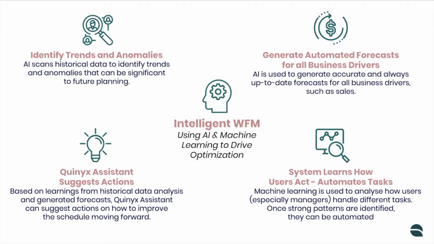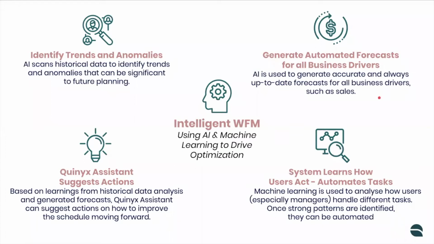That all comes from the surrounding items: identifying trends and anomalies, generating automated forecasts for the business drivers, decisions to be made on those business drivers, allowing the system to learn how users act and to either automate or shorten and make those tasks as simple as possible. And then the final step, bottom left, with regards to assistant and suggested actions, to allow Quinix to drive the behavior of the users based on previous actions, historical data, etc.